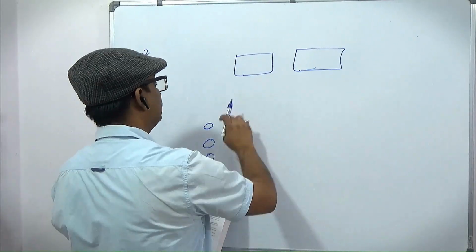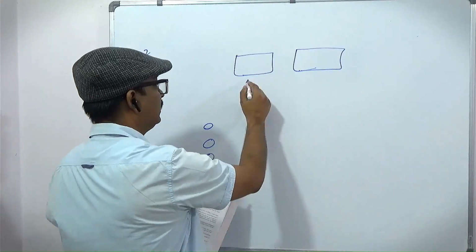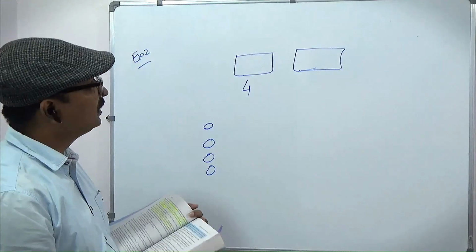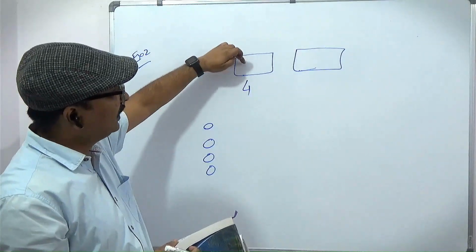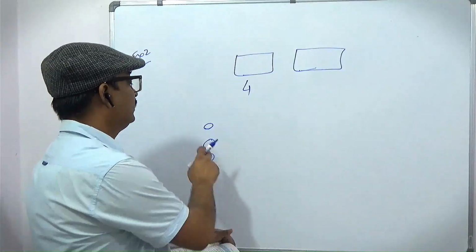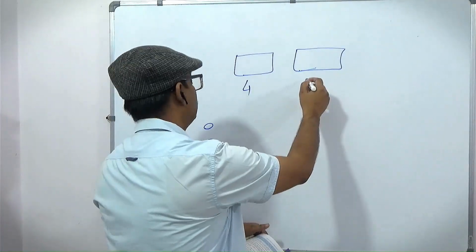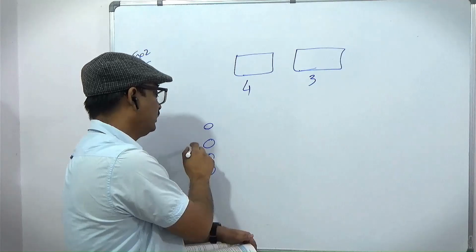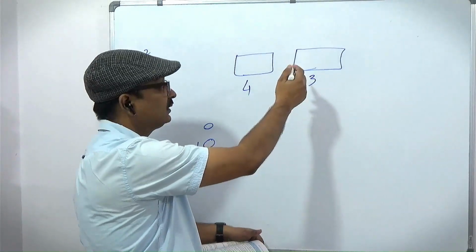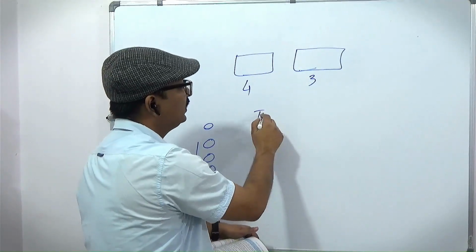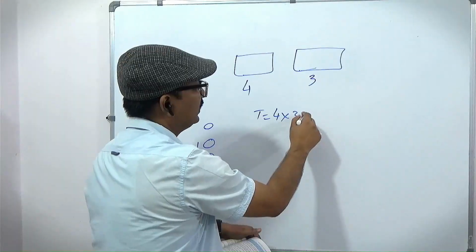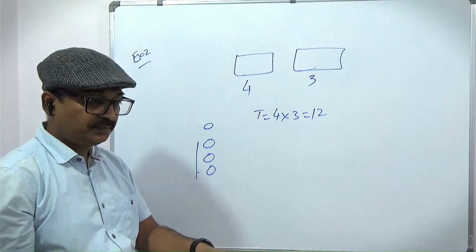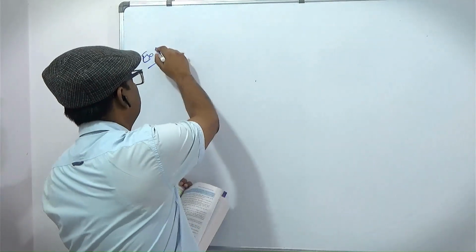So we can put it here. We have four ways of putting the flag on the first slot. Then we'll be remaining with only three flags for this second slot. So the total number of ways will be 4 cross 3. That is 12.